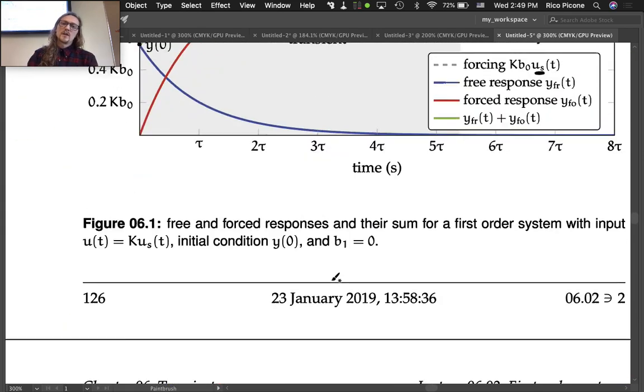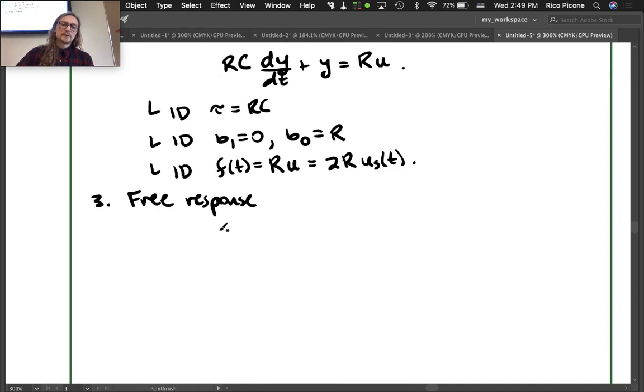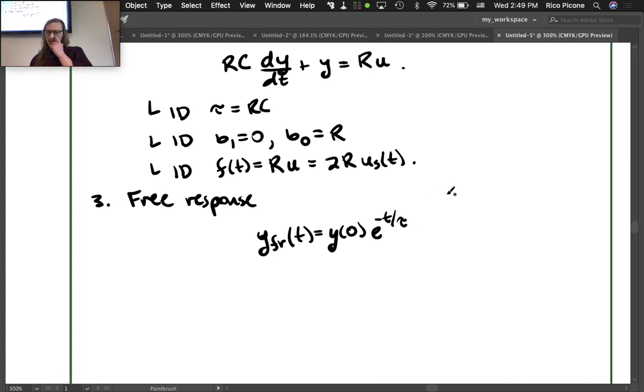So y free of t is equal to y naught times e to the minus t over tau. We've already identified what tau is. Y naught was given as 3 volts, so equals 3 e to the minus t over tau.